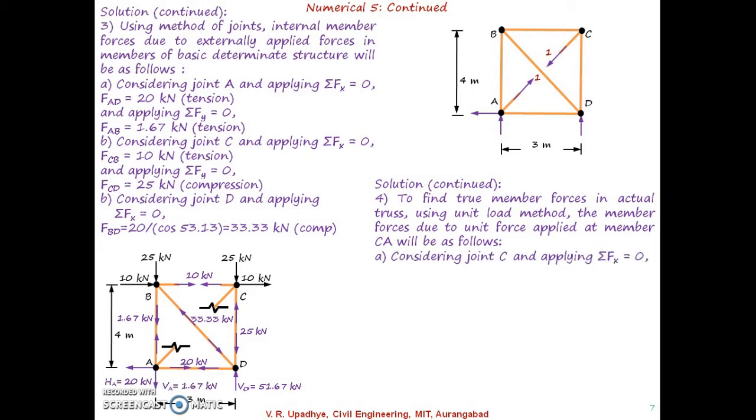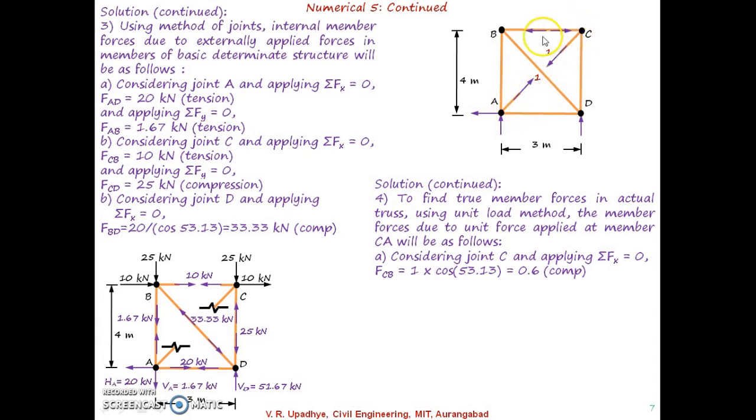So now again, if we consider joint C over here, and apply summation Fx equal to 0, what we'll have is the member force in member BC, FBC, and the horizontal component of this unit force applied at member CA.